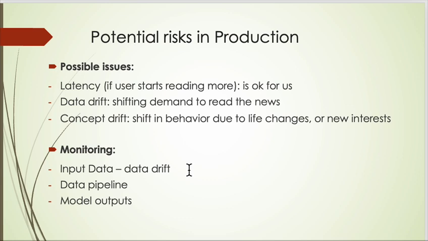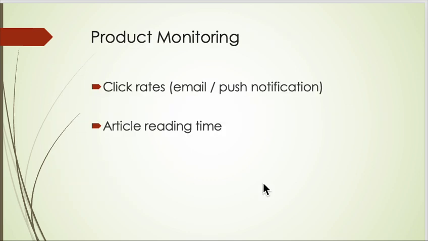There can be a shift in demand to read the news, which creates the data drift. There can be a shift in behavior due to a new interest in life or some life changes, which can create a concept drift. And in terms of monitoring, we need to monitor the input data, the data pipelines, and of course the model outputs.